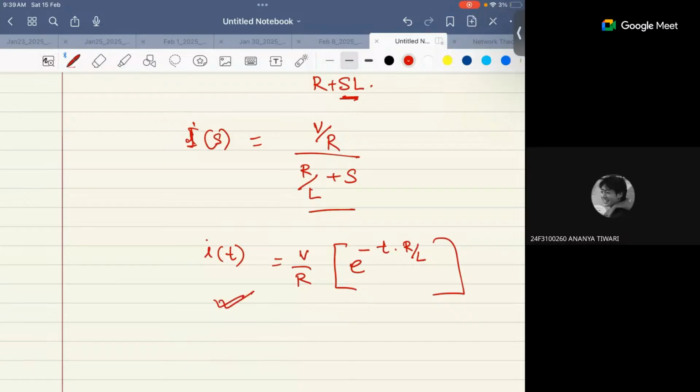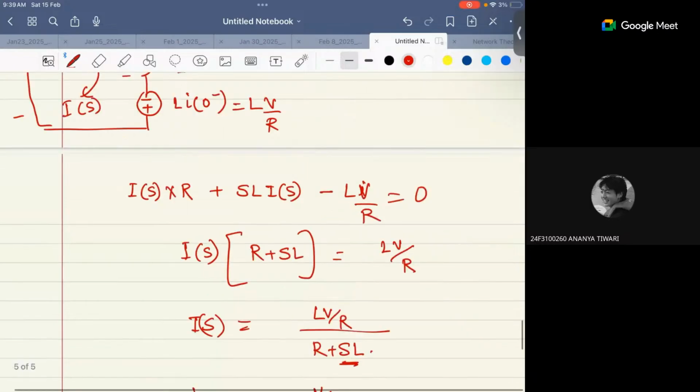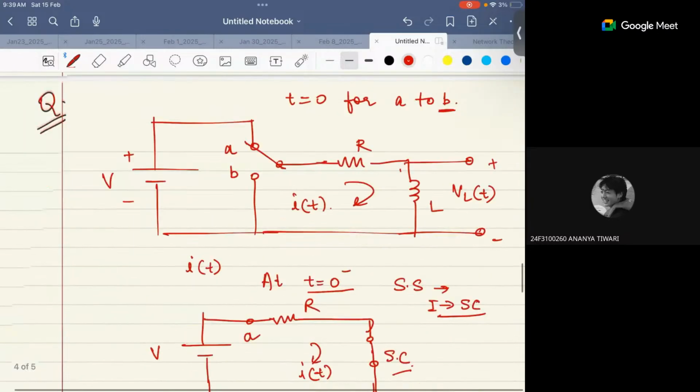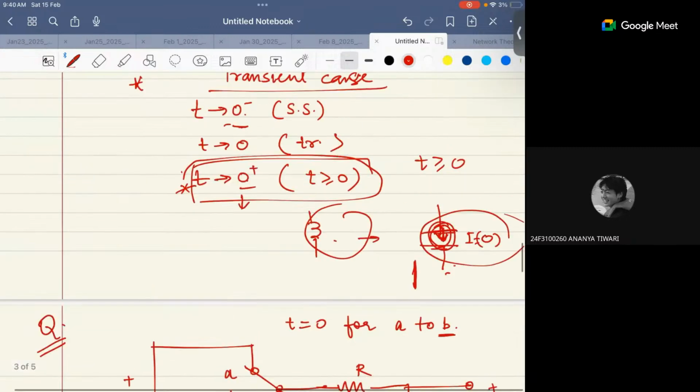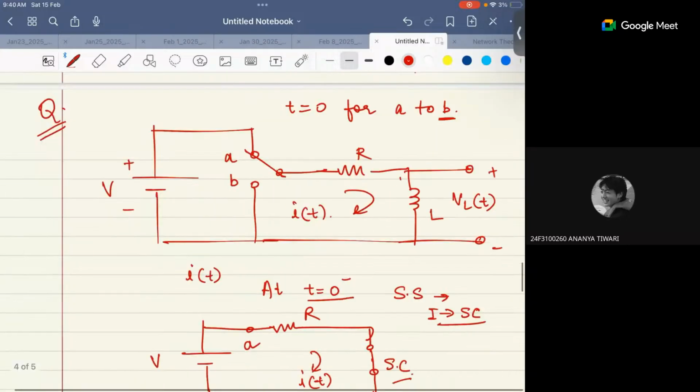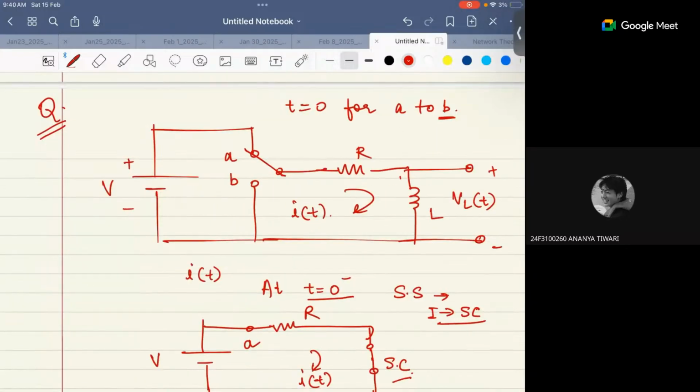Is it clear to everyone? This question is clear, right? This had some initial condition. I told you we didn't use it directly because the Laplace transform takes care of that. The only thing you have to do if you are using the Laplace method is to calculate the current through the inductor, if only an inductor is there.